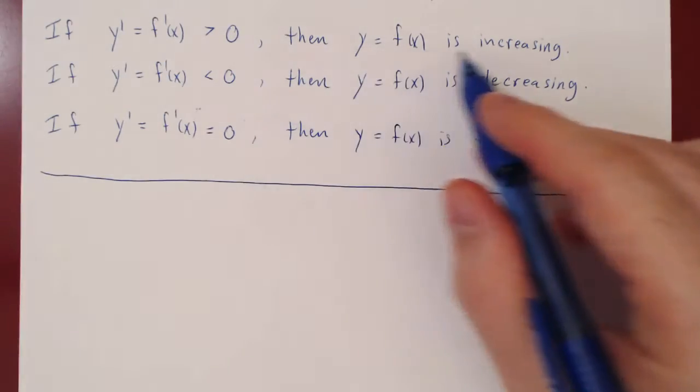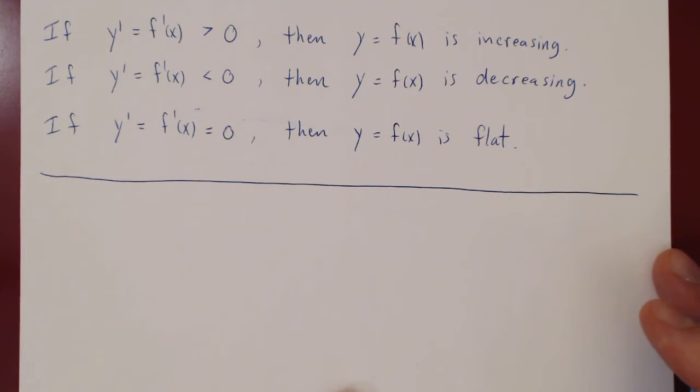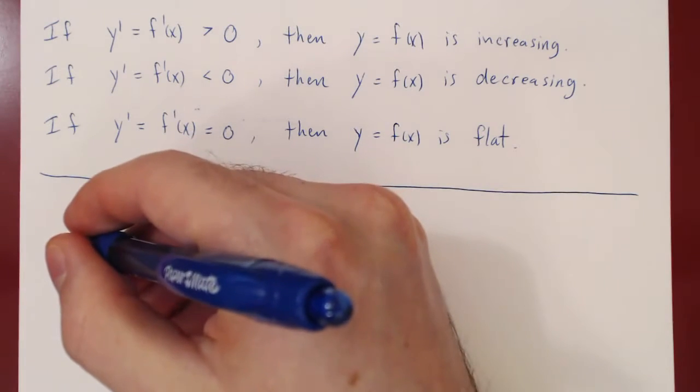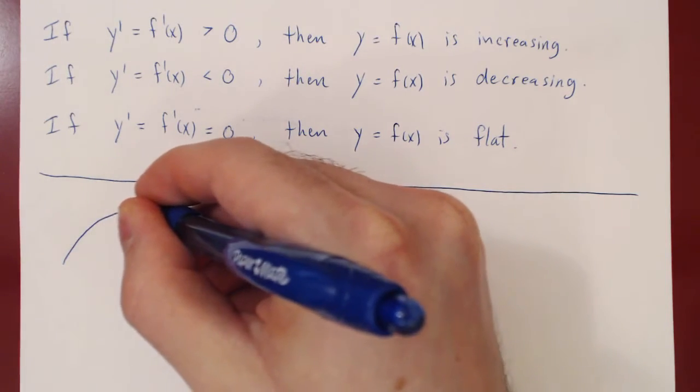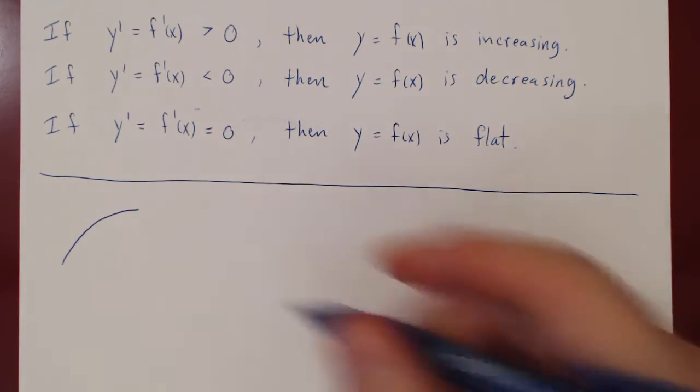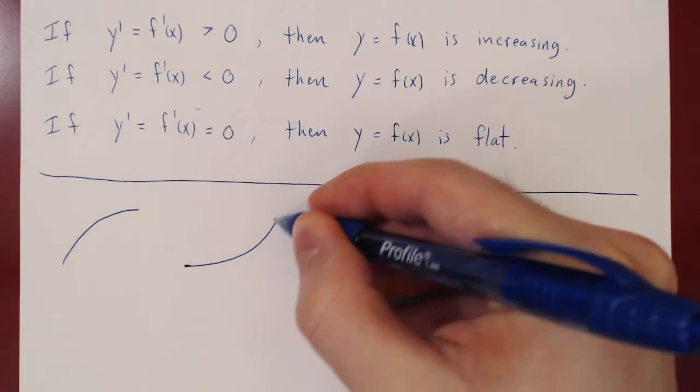Therefore, the graph of the function is increasing. Well, imagine in how many ways can you sketch an increasing function? It could be increasing like this, or maybe it could be increasing like this.